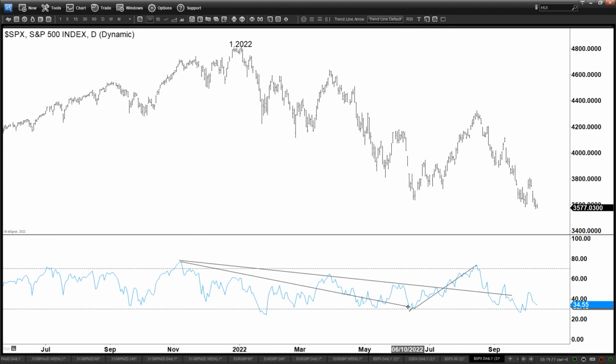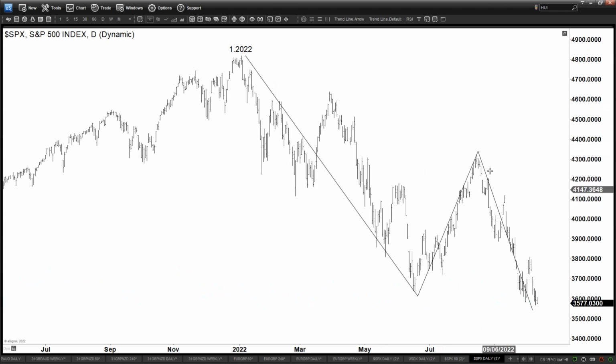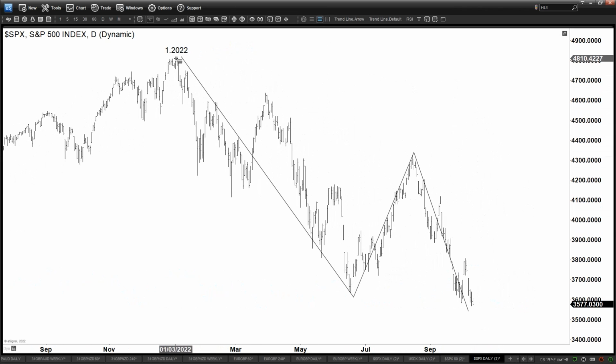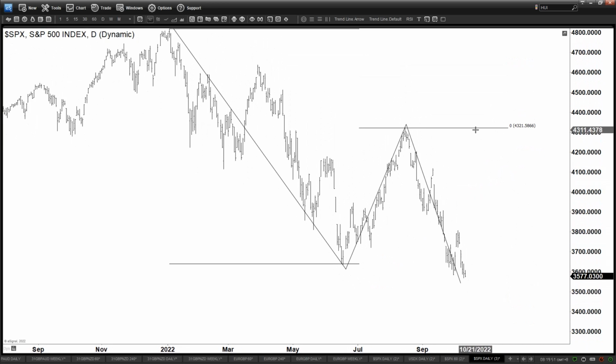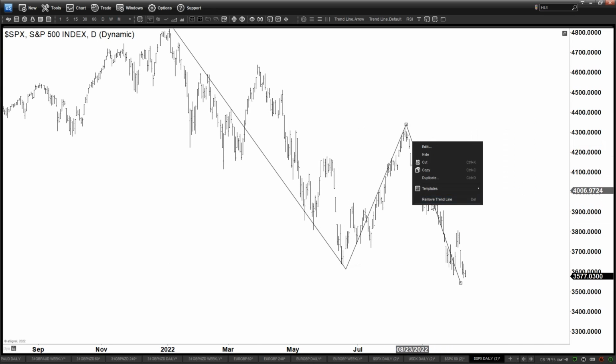So this is the same cycle and this is a new cycle, and then because you already have 1 and 2, you see it breaks again below the low, so then you got a lower low here. And you can simply measure the extension and project it to at least the 100%, which is the 3142 target on the downside, right? So that's the first thing. So it has a bearish sequence.